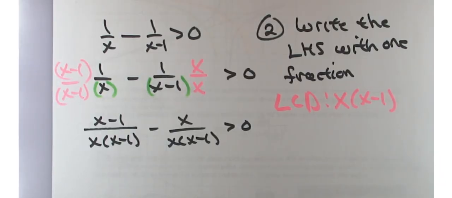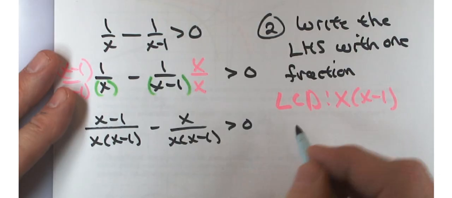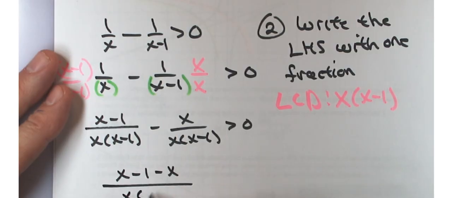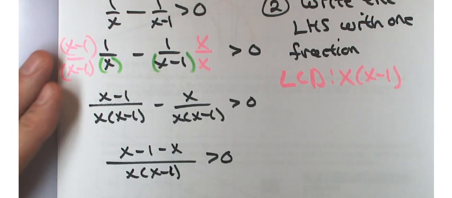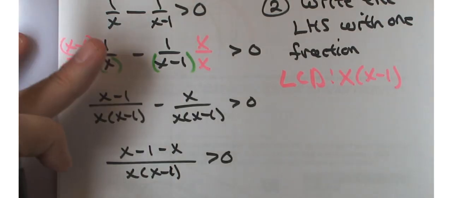Okay. I've got common denominators, right? So I can combine the numerators, x minus 1 minus x over x times x minus 1. Can I simplify that at all? Can you see any simplification for me?